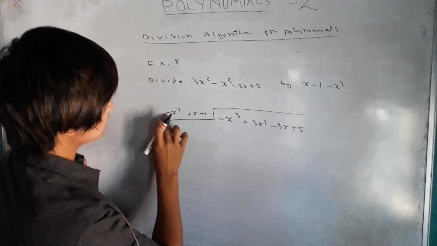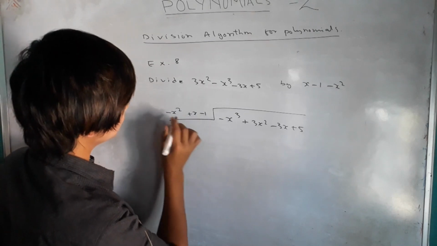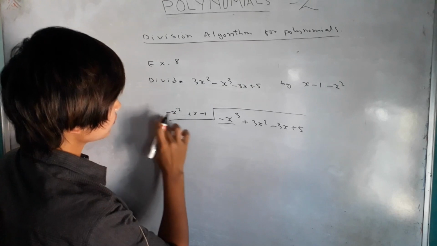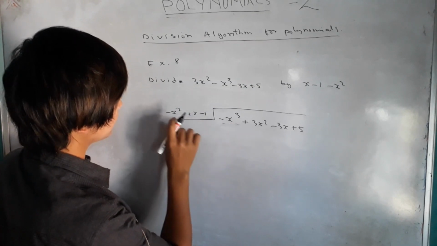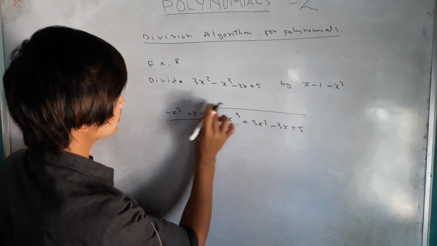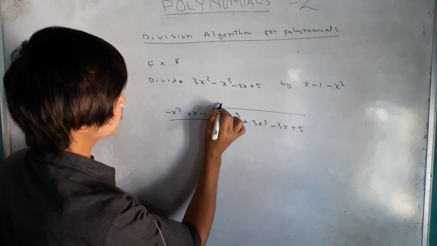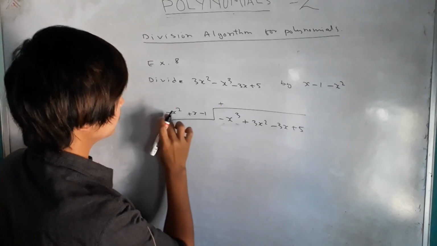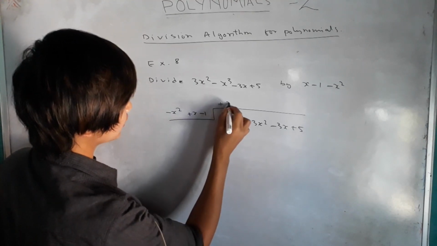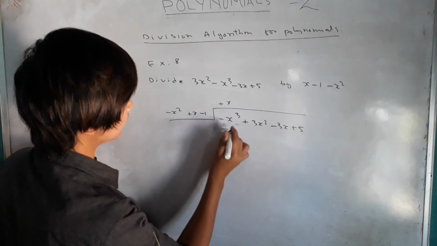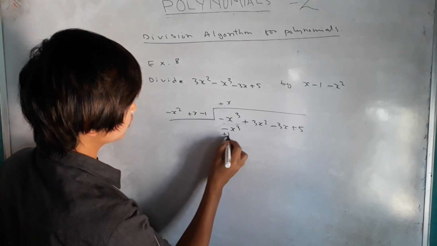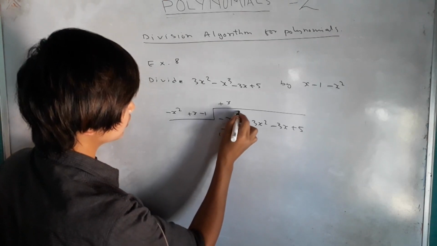Here the sign of the highest degree term is negative, so I need to introduce a negative sign. If I put negative, it will be minus minus plus, so it will not be. So if I put plus, then minus into plus, minus x square, how many times? x cube: x into x square into x will be x cube. Here negative, then positive, negative positive cancels out.